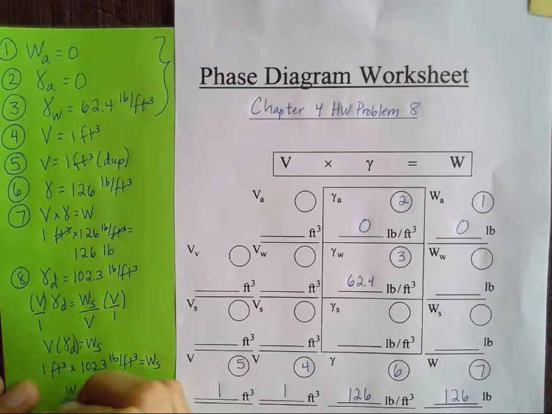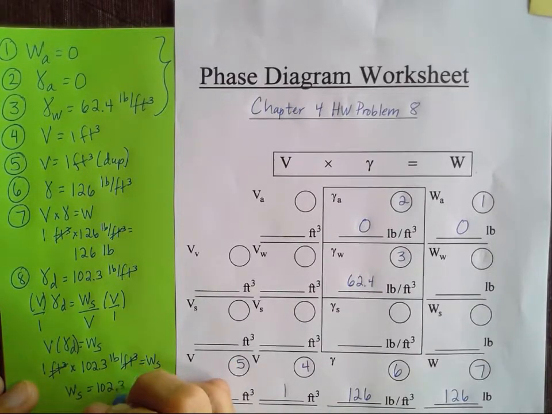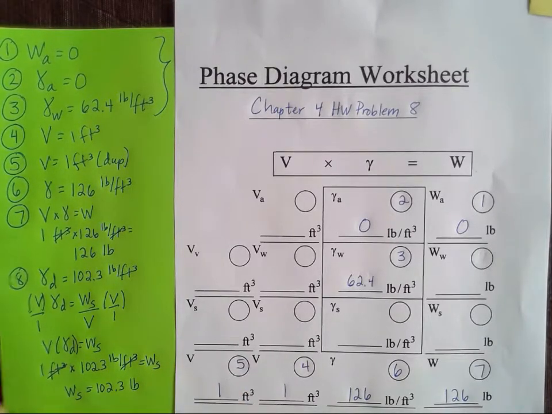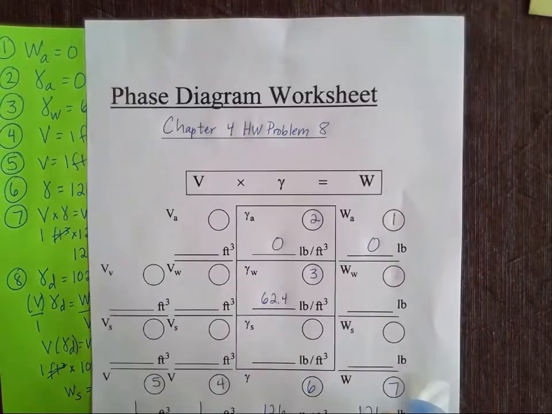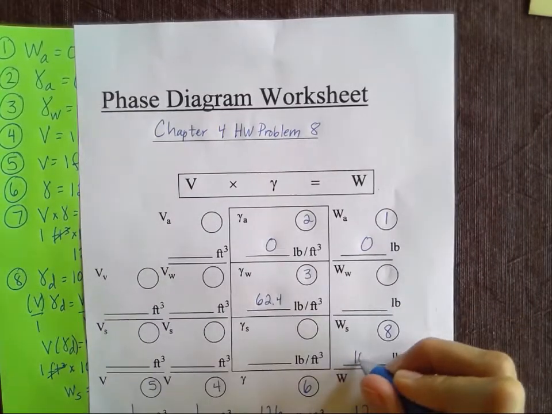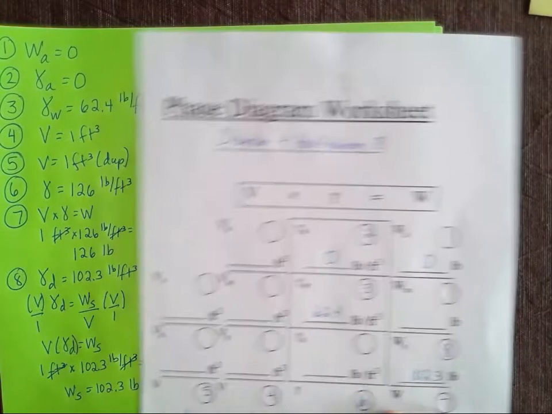So my weight of the solids is just, again, easy math, 102.3 pounds. And so I'll put that in my phase diagram here for number 8: 102.3 pounds.